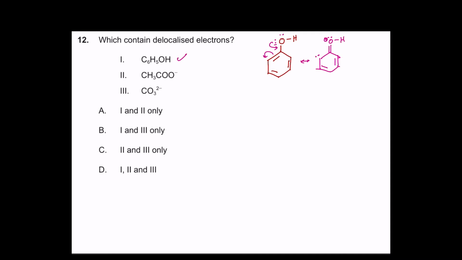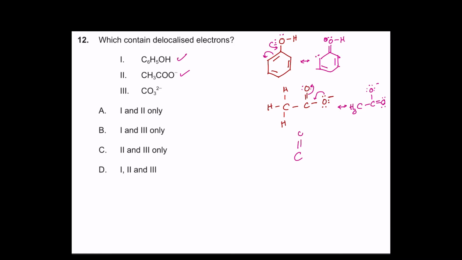Electrons are delocalized. In the second one, we have CH3COO minus. COO minus will have 3 lone pairs. Now what happens again, see there is a double bond in the close vicinity of this lone pair. So the lone pair can come here, the double bond can go here. So yeah, I can draw the structure in this way. The second one is also correct. The electrons are delocalized.